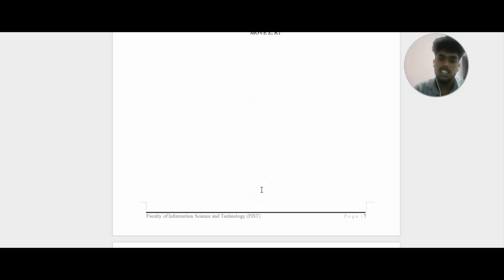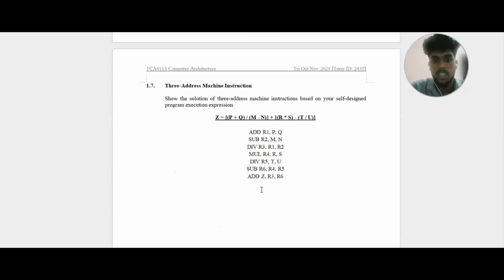For the last, the three address machine instruction. In three address machines, operations can involve three operands, making it most efficient for the problem. Here are the steps. First, compute the left hand side. Basically, we have to do this part.